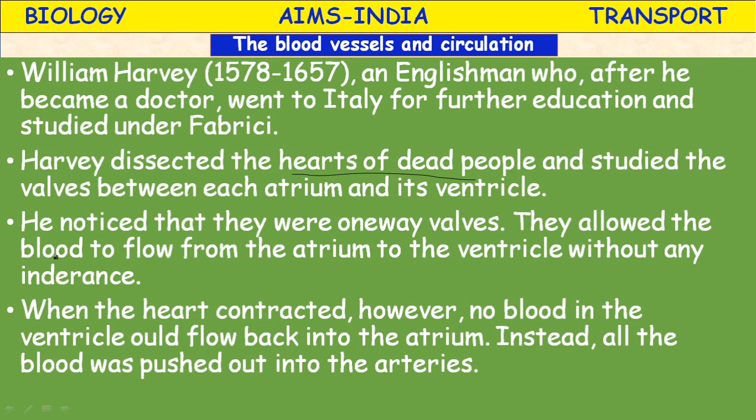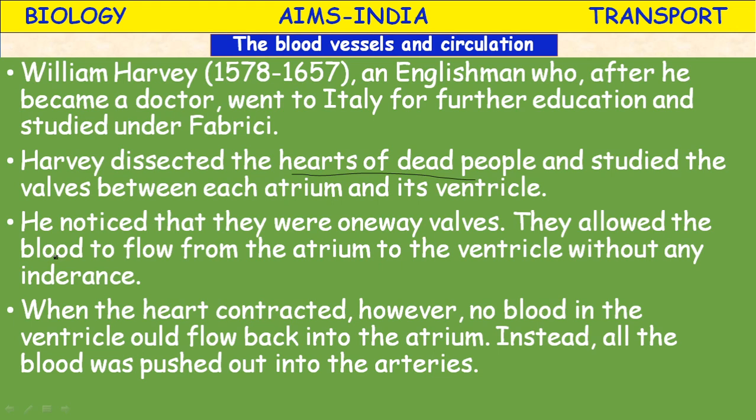They allowed the blood to flow from the atrium to the ventricle without any hindrance. And when the heart contracted, no blood in the ventricle could flow back into the atrium. Instead, all the blood was pushed out into the arteries.